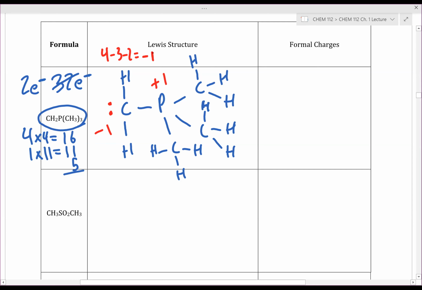Exactly right. We are going to take this lone pair and we are instead going to form a double bond. Now looking at this structure, have we minimized our formal charges? Yes. And the reason why we can do that is because phosphorus can adopt an expanded octet.